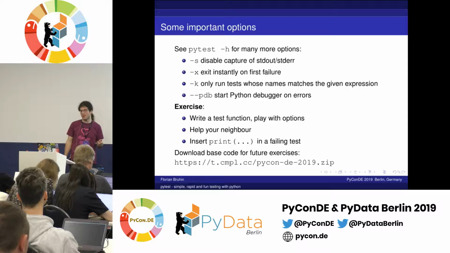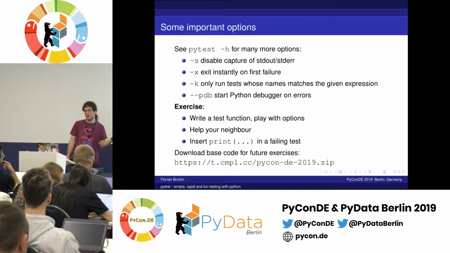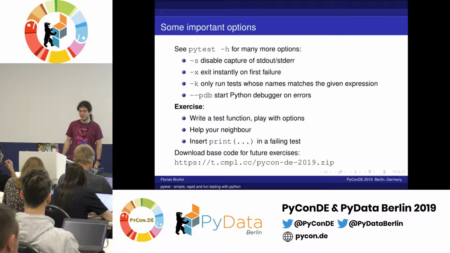So for example, only run the tests with whatever in their name, in the function name. And you can use --pdb to start the Python debugger on an error if you want to dig down into a test failure. So we'll start with the first little exercise.